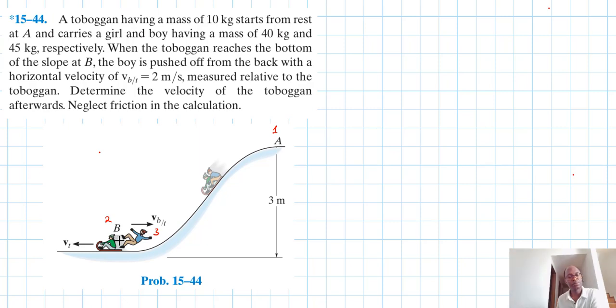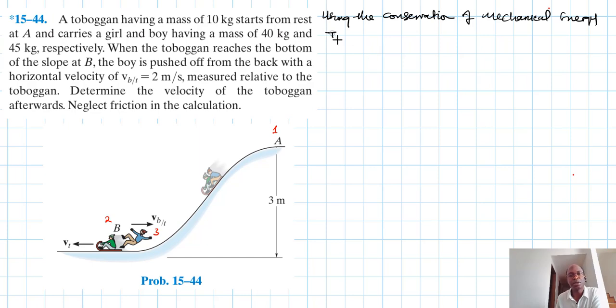And from B to 3, we can find the velocity of the toboggan and the boy. Let's do that, using the conservation of mechanical energy.